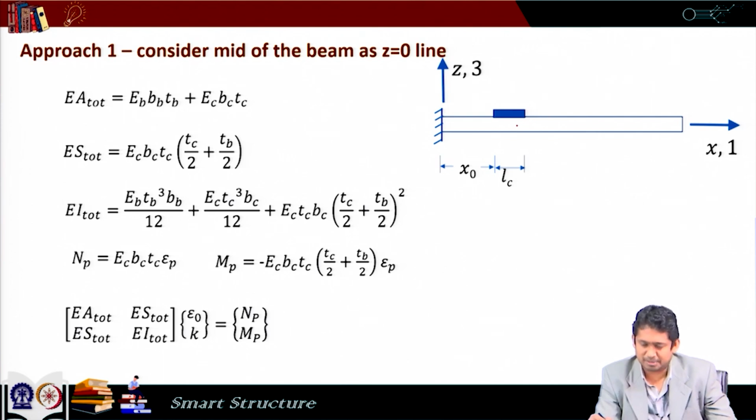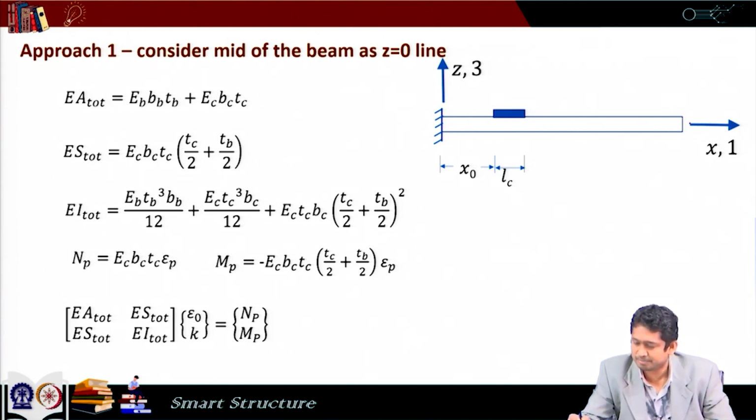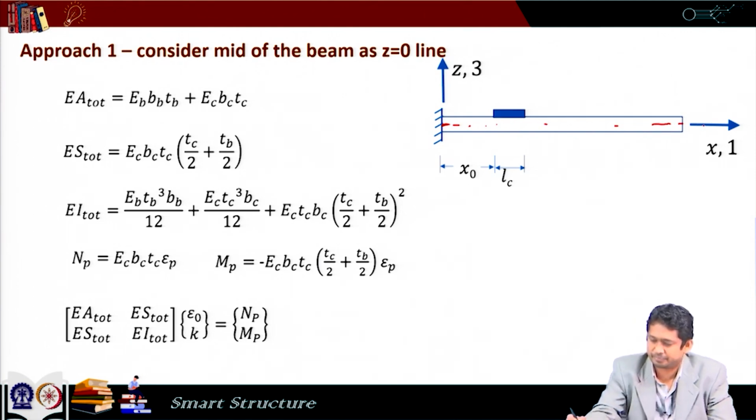Now, this problem can be solved in two ways. In the first approach, what we do is we consider the mid part of the beam. Let us consider that as our z equal to 0 line.